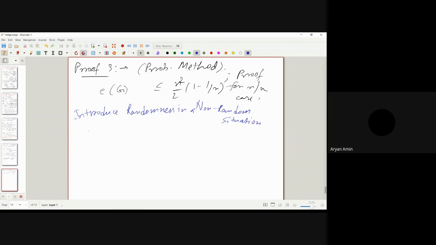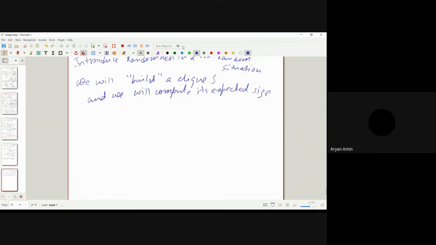What we are going to do is build a clique S, and we'll compute its expected size. What do I mean by that? How will we build that clique? The algorithm for building the clique is as follows. First, you'll just pick a random permutation of the vertices. Simple.